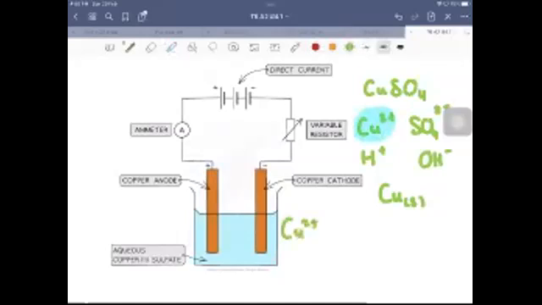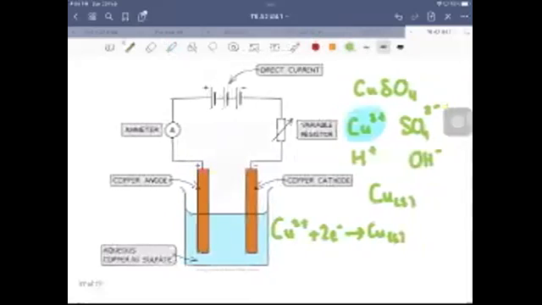Okay, so that is where reduction happens at the cathode: Cu2+ plus 2 electrons forms copper solid. And at the anode, if we follow the ease of oxidation, hydroxide should be selected.